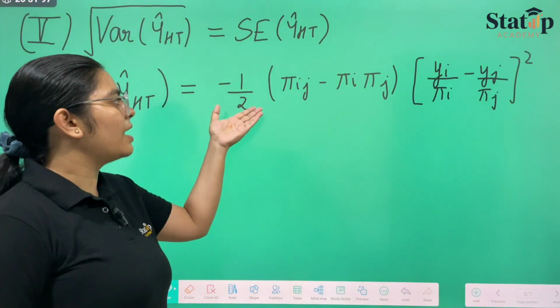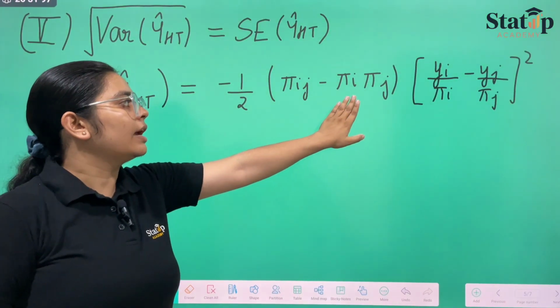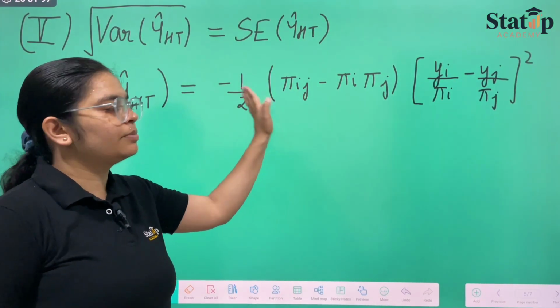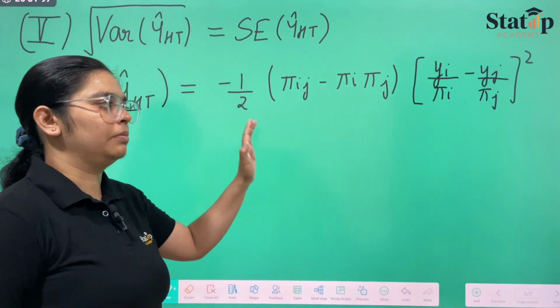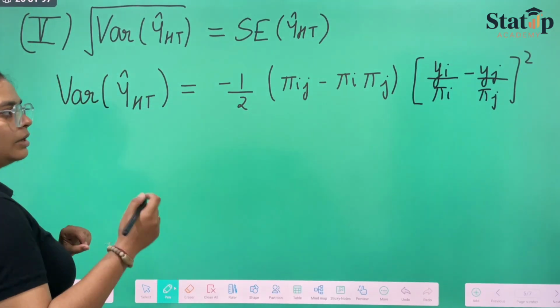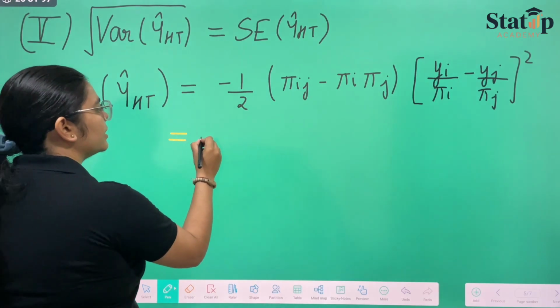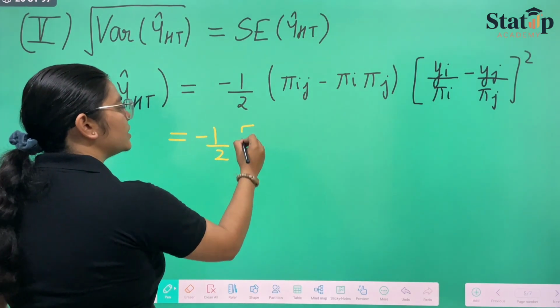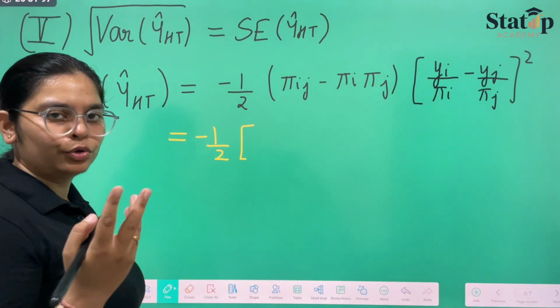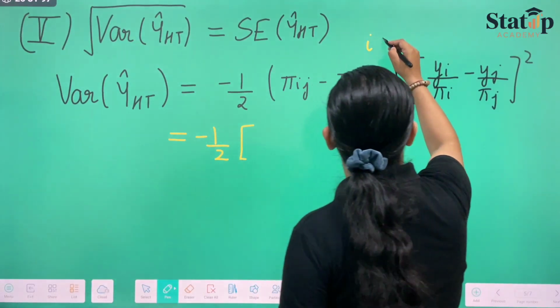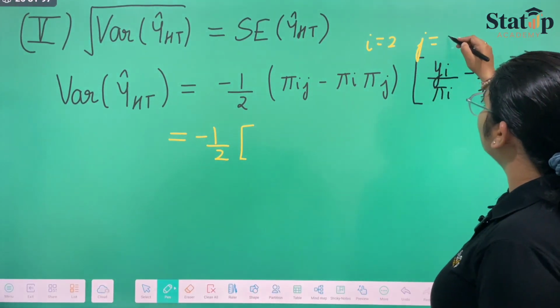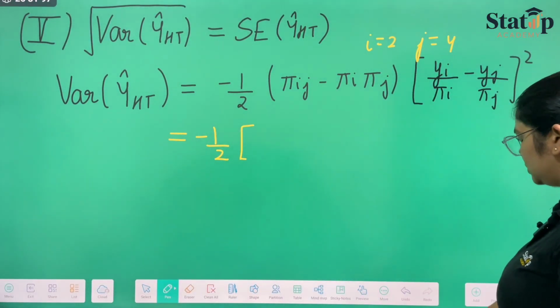Here the minus 2 can be replaced if we swap pi i pi j and pi ij, but instead of that we'll stick to the basic rule, so it will be minus 1 by 2. Now pi ij is nothing but pi 2 4, where i is equal to 2 and j is equal to 4. This we have been doing continuously.